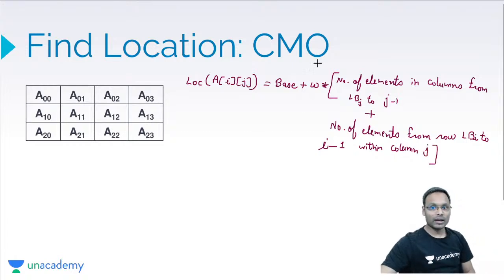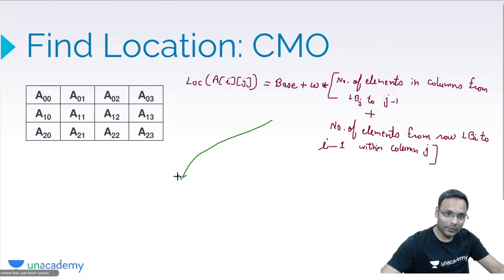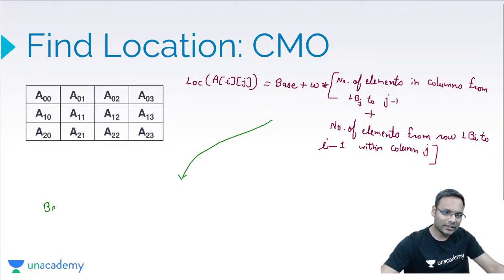That is the formula. And how to write this in mathematical form? The mathematical form will be like this: base plus w. W means each element takes how much space. From lower bound of j to j minus 1, how many columns are there? J minus lower bound of j. These many columns are there.